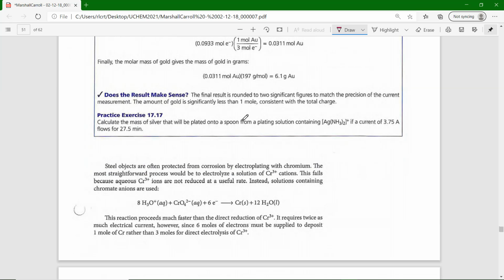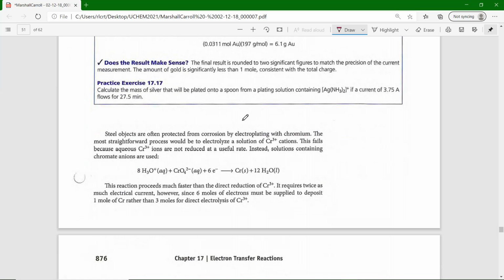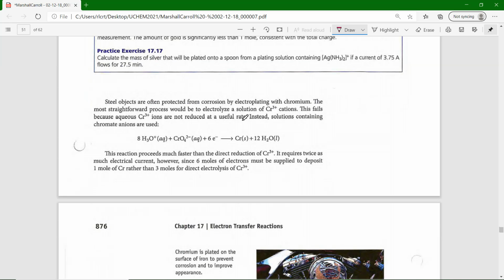Sometimes you use electroplating to prevent corrosion of the metal underneath. It's called a sacrificial metal. And here we see chromium can plate steel. Zinc can plate steel. Steel being iron.